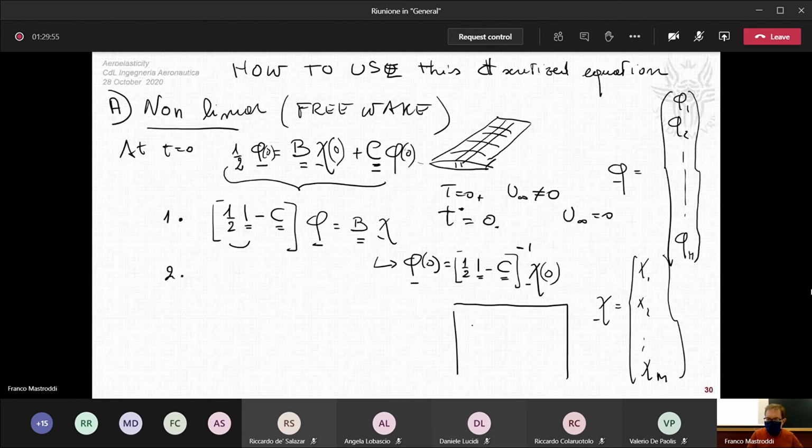If you have a symmetric airfoil with zero angle of attack, and if you have a non-symmetric airfoil or a symmetric airfoil with an angle of attack like this, in the initial time, you should have a velocity potential here and here identical, if symmetric. If not symmetric, you should have something different here and here. So potentially, you have a generation of delta phi. You are able to generate a wake.